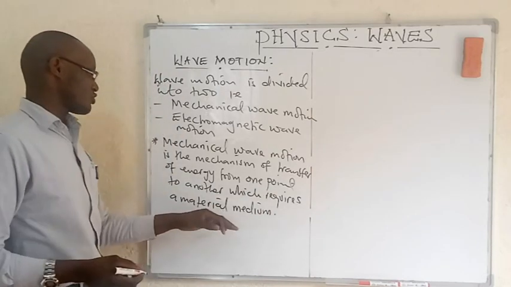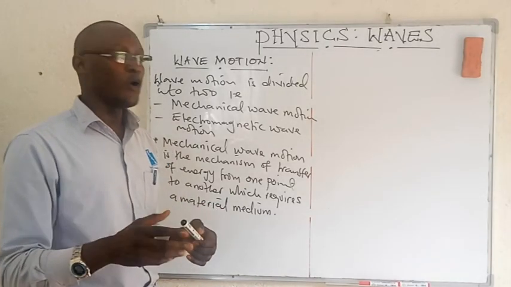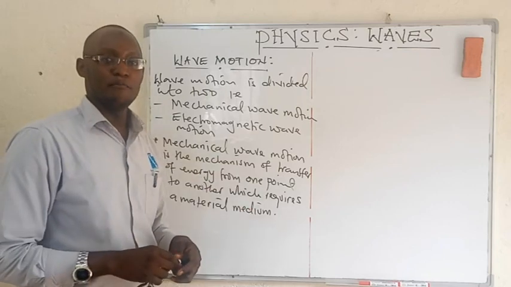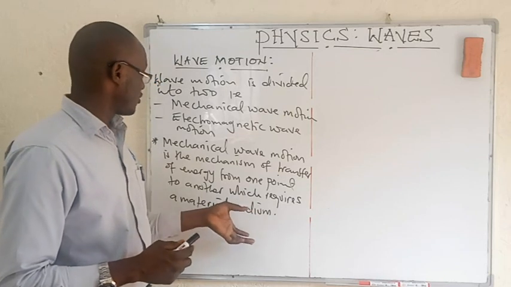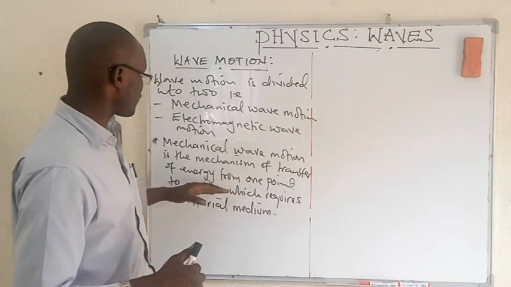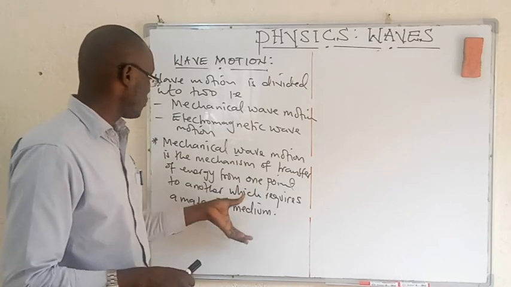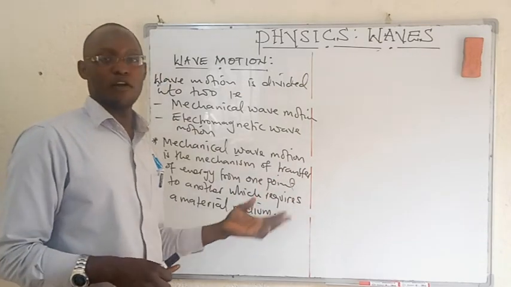I told you, when I talk of medium, think about a single state of matter. When I talk of media, it combines states of matter. So a mechanism of transfer of energy from one point to another, which requires a material medium, is what we call the mechanical wave motion.